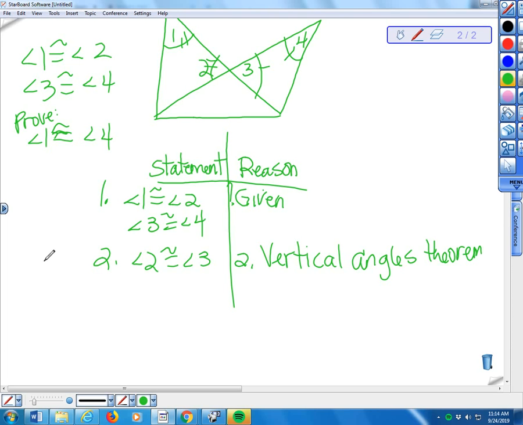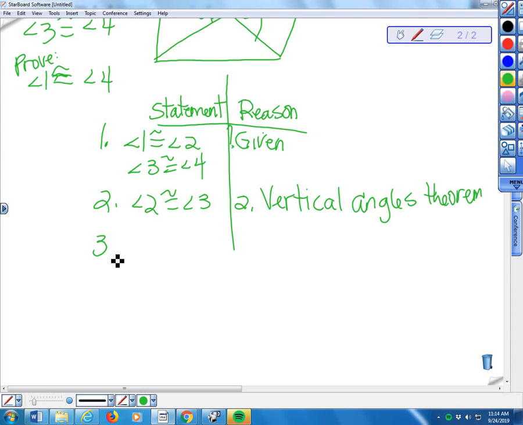So I could write this. Angle 1 is congruent to angle 2. Angle 2 is congruent to angle 3. Angle 3 is congruent to angle 4, right? Because 3 and 4 are congruent, that was given. 1 and 2 are congruent, that was given. This I just proved by vertical angles.